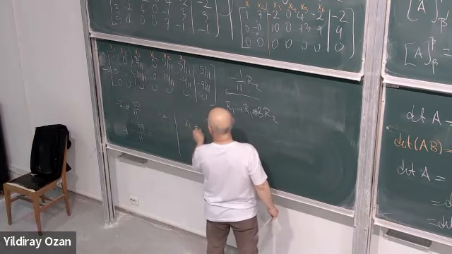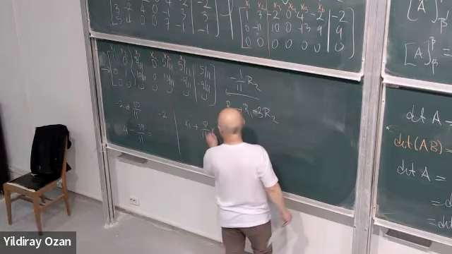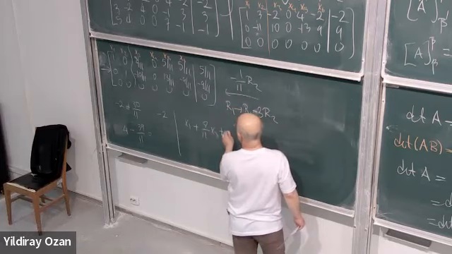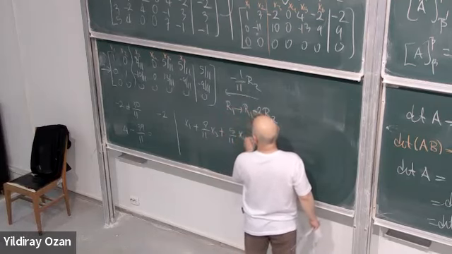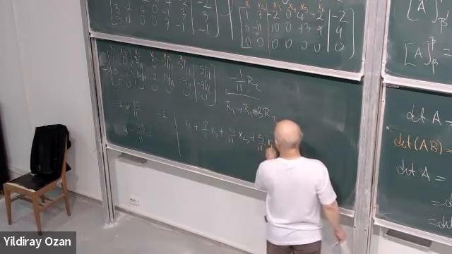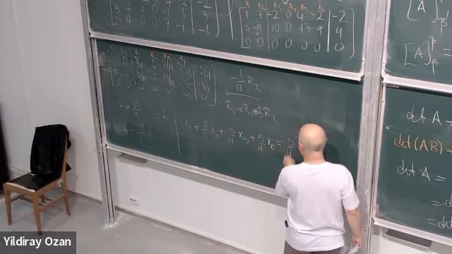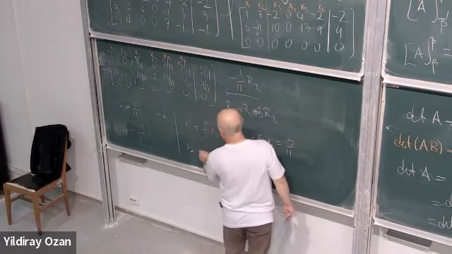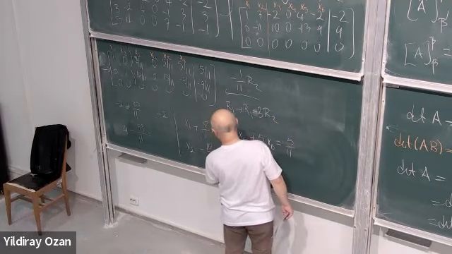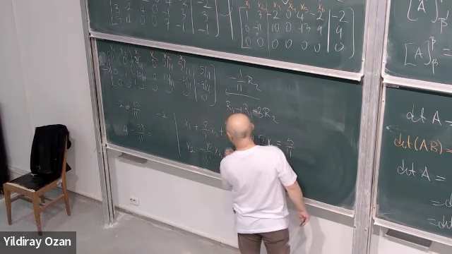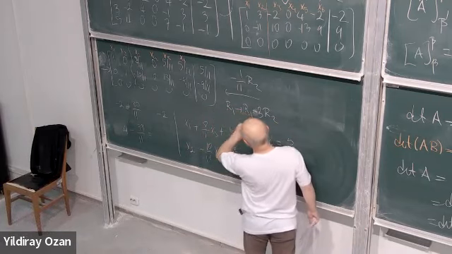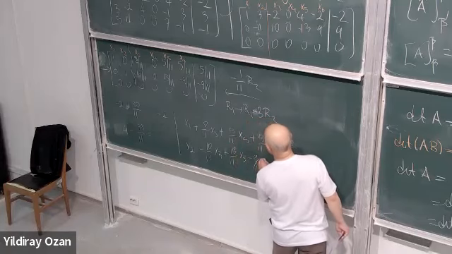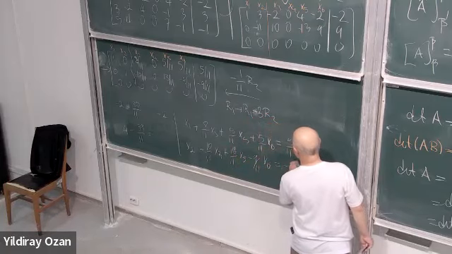X1 plus 8 over 11 x3 plus 0 times x4, I don't write it, and then 5 over 11 x5 plus 5 over 11 x6 equals 5 over 11. And here x2 minus 10 over 11 x3 plus 13 over 11 x5 minus 9 over 11 x6 equals minus 9 over 11.